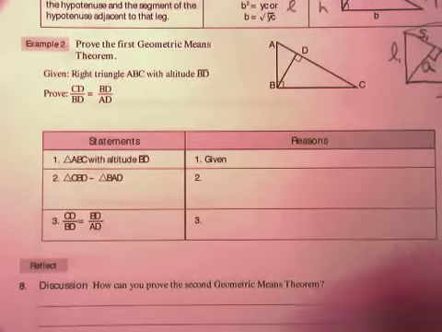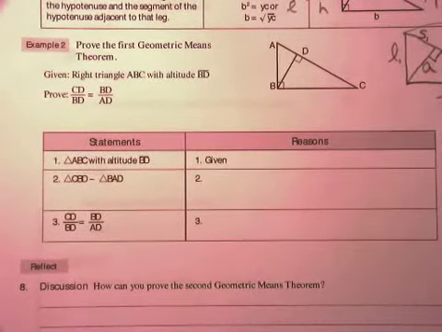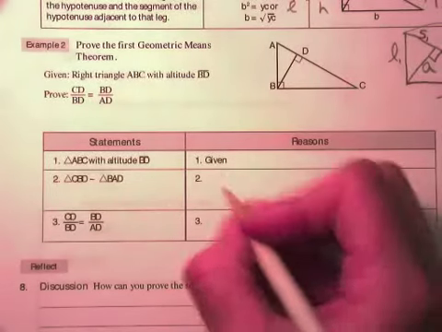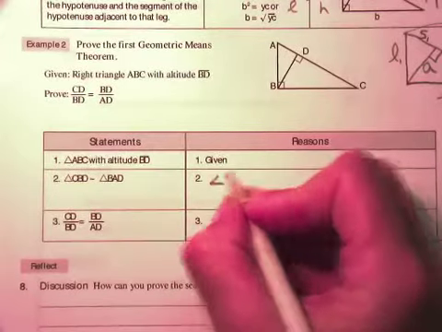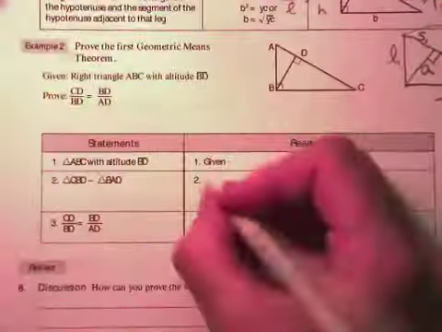But first, we're going to prove them. All right, so I have triangle ABC with altitude BD, and I know that the triangles are similar by angle-angle theorem.